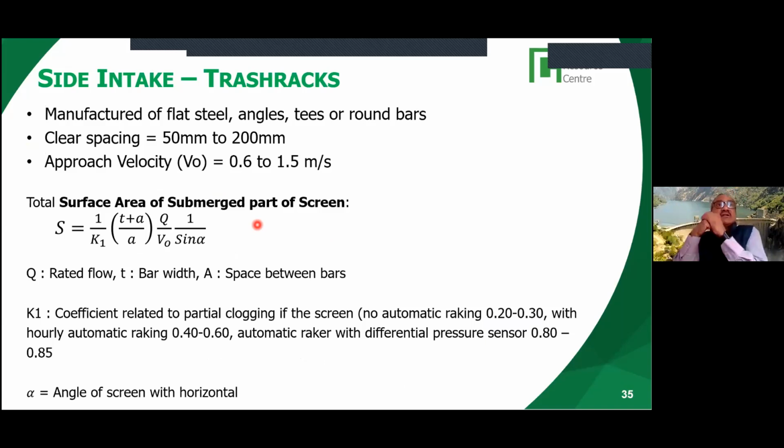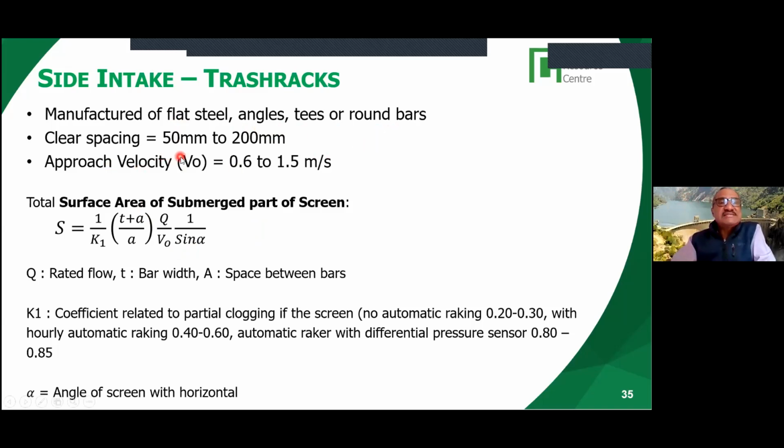Now, the design of the side trash racks for the side intake is done based on a certain velocity profile. As I mentioned, it is manufactured using steel plate, angles, tees, or round bars. It's just steel bars that are used to make the trash rack.